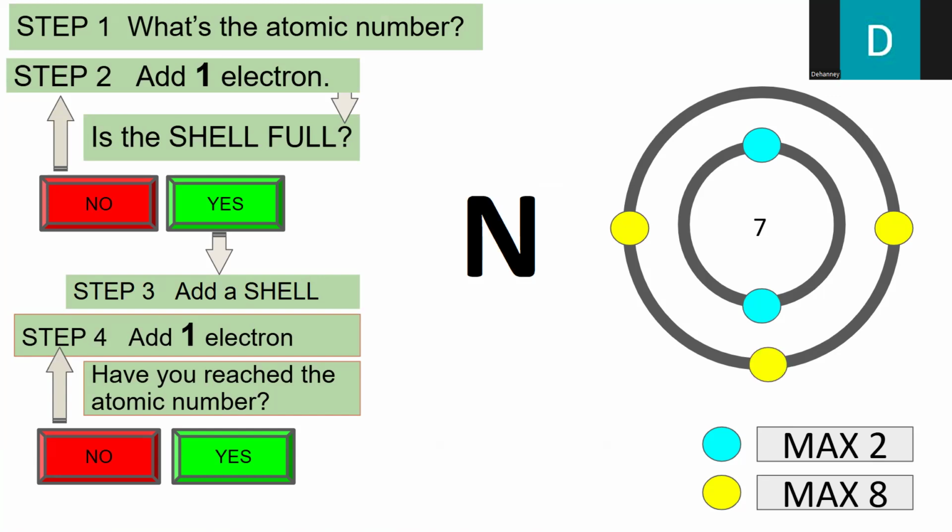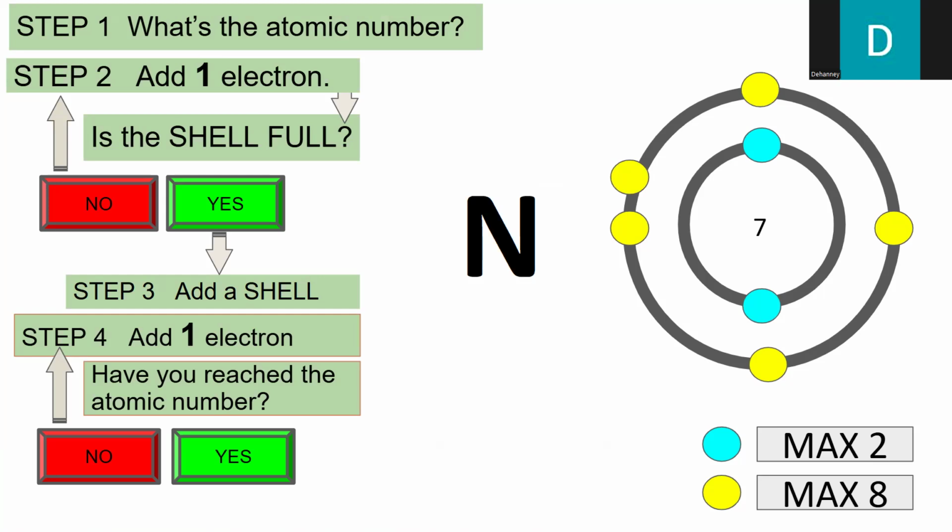Have we reached it? No. And we can count. Let's count. 1, 2, 3, 4, 5, 6. We need 7 electrons to match up to make our 7 as atomic number. So there we go.